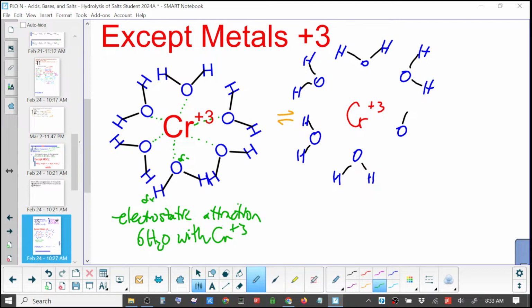And this pull is so strong because plus 1 and plus 2 metals have this hydration sphere as well, but now this is a plus 3 charge. And so they experience a very strong pull, strong enough that electrons leave hydrogen. A lot of positive charge attracting a lot of negative charge, and for one of them it will be strong enough that the electrons will leave and abandon that hydrogen.